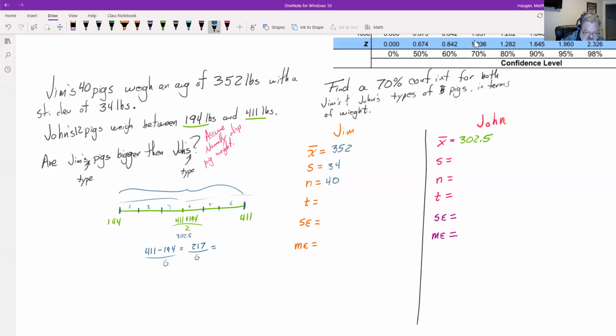And what do we get? 36.17. I'm going to go 36.2 because they're pigs. Now, both of those are fairly brutal approximations, but when that's all the data we have, that's what we can do.